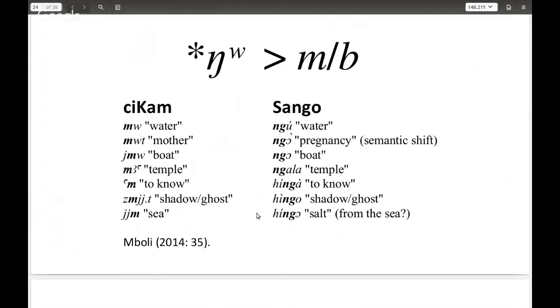And what you can see between these, I have them bolded, is that wherever you see M in Egyptian, you see Sango has ng, as in sing in English.